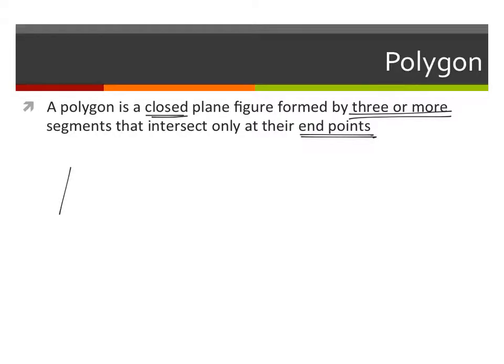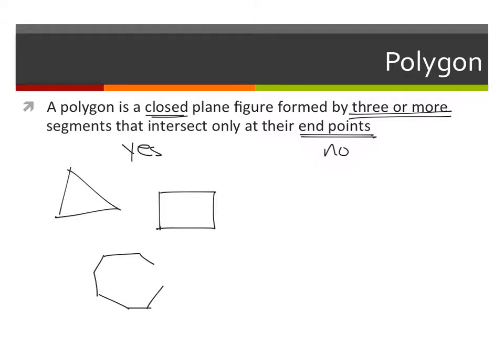Meaning, a triangle is a polygon and a quadrilateral is a polygon, and even an octagon is, because they are closed, they have 3 or more segments, and they intersect only at their endpoints.